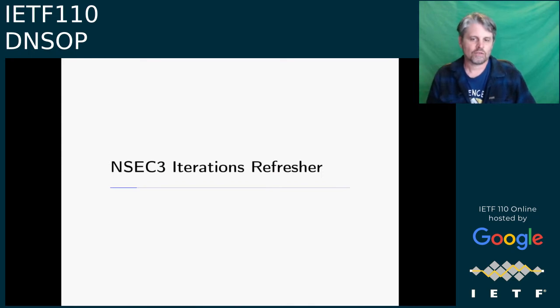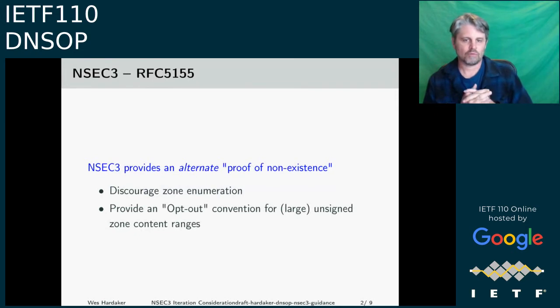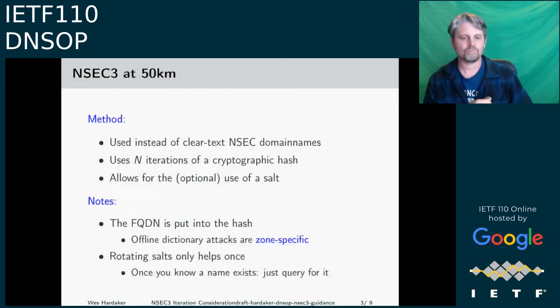Real quick, just an iterations refresher on how NSEC3 works. NSEC3 is an alternate proof of non-existence. I think most people in this room know this. Its purpose is really to discourage zone enumeration and to provide an opt-out convention for large and unsigned zones.